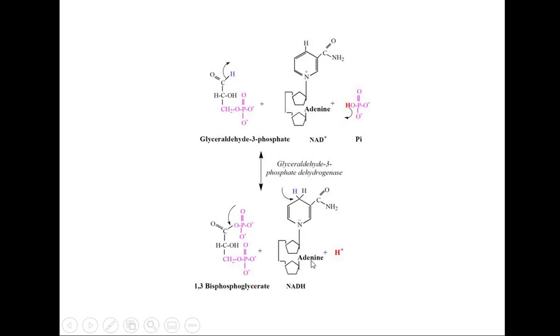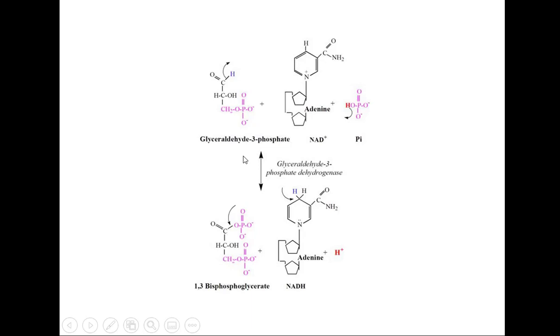However, this NAD plus gets a proton as well as electrons, but I think that's too confusing, so just here: NAD plus gets a hydrogen atom, but proton. So this is why we call it NADH plus proton, 1 proton. NAD plus becomes NADH plus 1 proton.